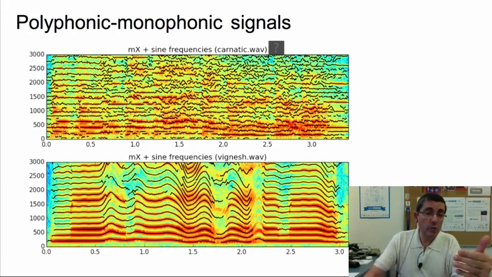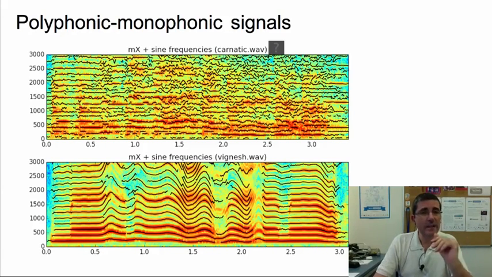So the goal would be to identify the harmonics of the voice sound, and looking at these sinusoidal tracks, well, it may be not that easy, but still it can be done. We can try to track the harmonics of these voice sounds or other harmonic components that might be present.